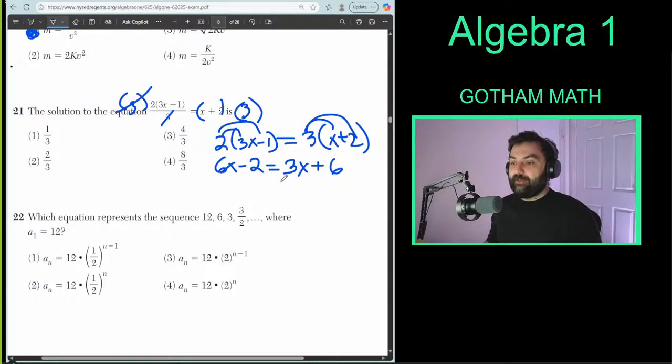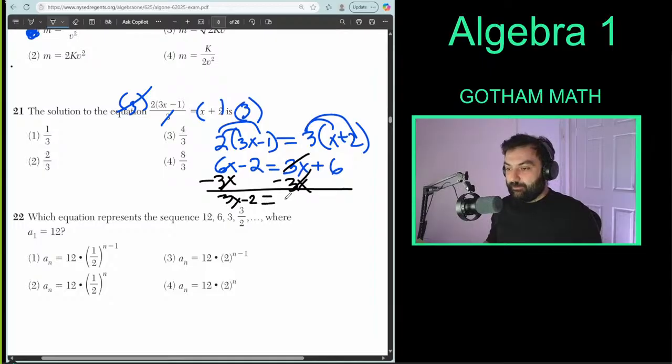Balancing meaning that I want to get rid of that 3x on both sides, so I'm going to subtract it on both sides. In other countries, they transfer it to the other side and then they combine them. In America, they do it differently. So they balance it. That's how I say it. I don't know if it's the legit way of saying it, but it looks like balancing.